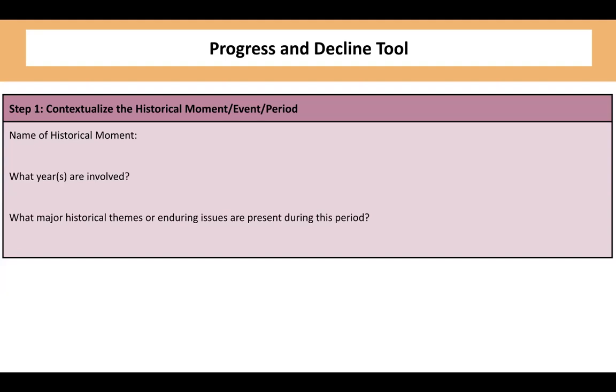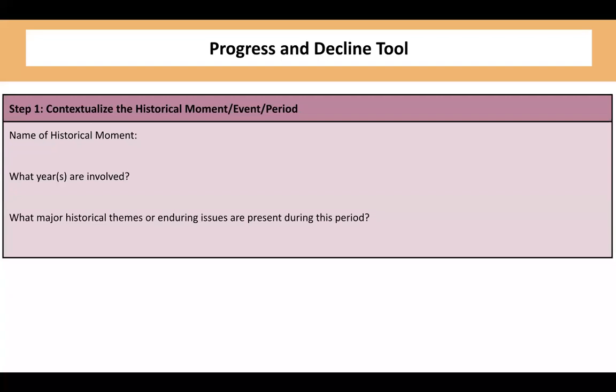So after naming the historical moment, what years are involved in this, and then I would have students think of what major historical themes or issues are present during this period. This will give them that bigger picture just so they could start thinking about this big moment and its major significant parts.